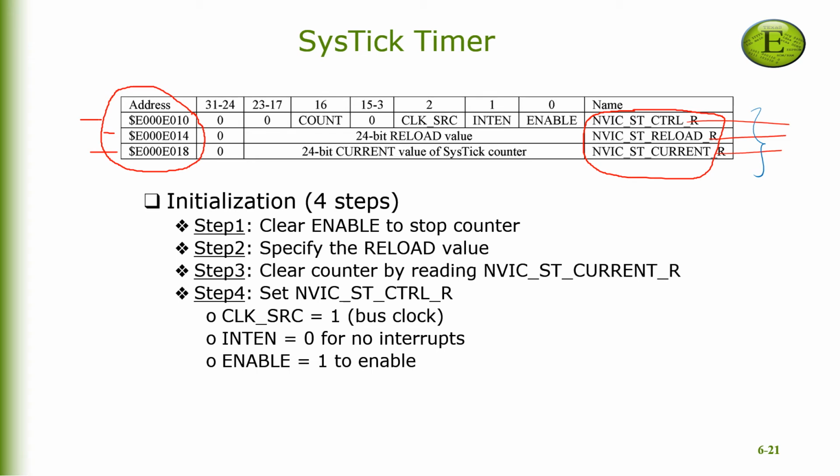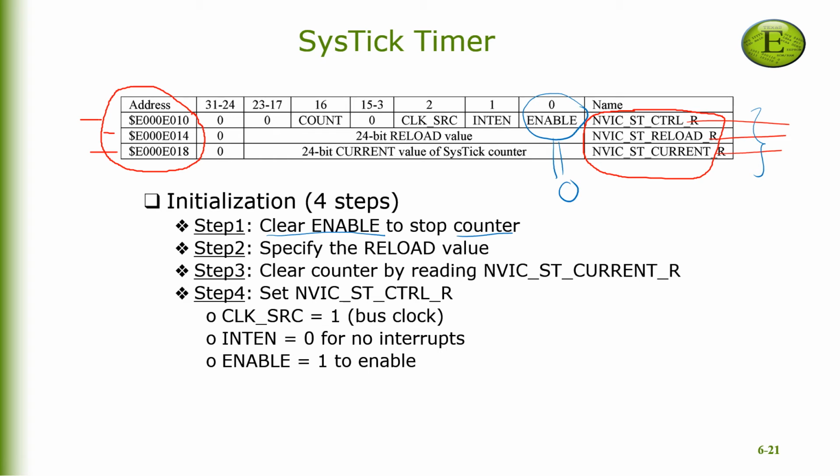The first step, step number 1, is to clear the enable bit over here, this bit. We want to clear it, meaning we want to set this bit equal to 0 to stop the counter, because in order to properly configure or reconfigure the timer, it must first be stopped. The counter must be brought to a halt.